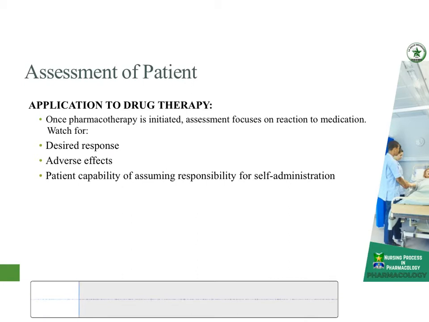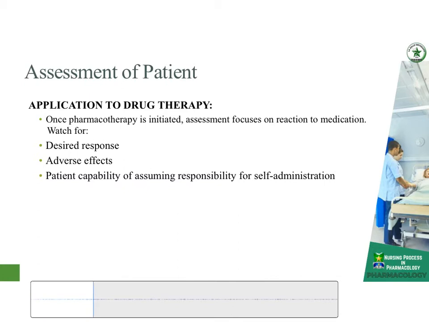In most cases, the adverse effects a particular drug can produce are known. In many cases, development of an adverse effect will be completely obvious in the absence of any baseline data. So, di ta makahibalo kung naay adverse effect kung wala tay baseline data daan.